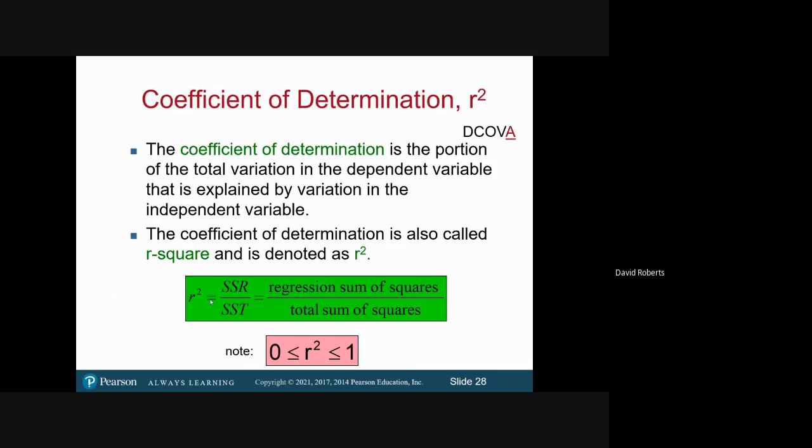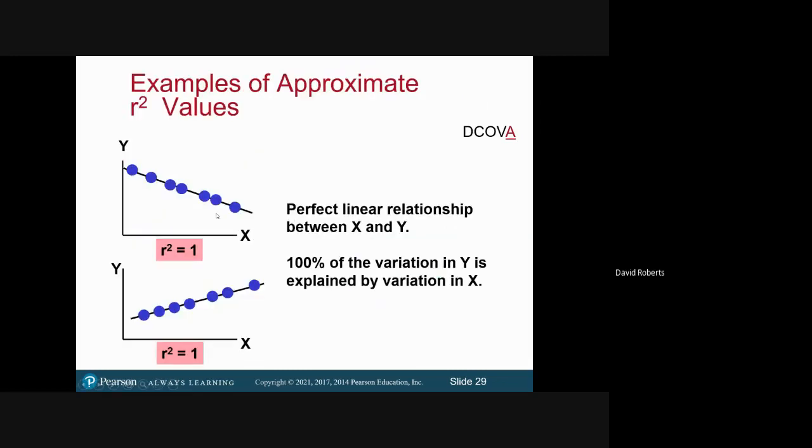When you look back, what did that mean? Honestly, it's not really a big deal. You're looking for the ratio. So what percentage of the total is explained by SSR, which in our case is the square footage of the house? If you have a relationship of 1, it's perfectly linear, and every dollar change in the price of a house is caused by the square footage, which we know intuitively is not correct.